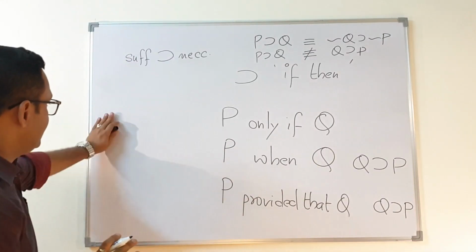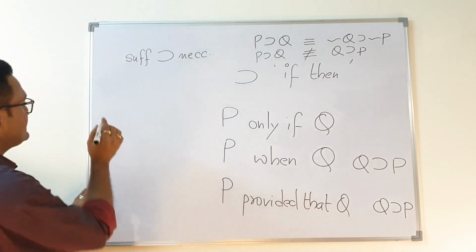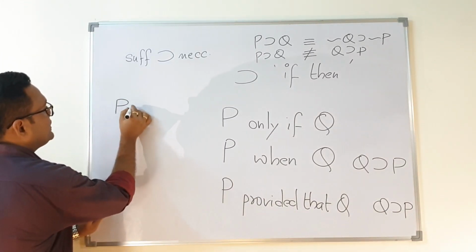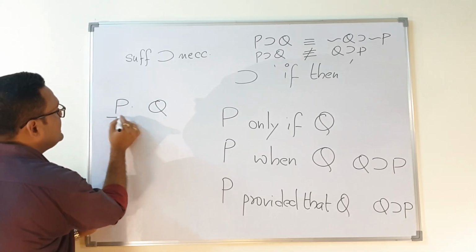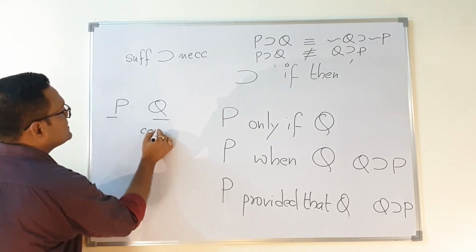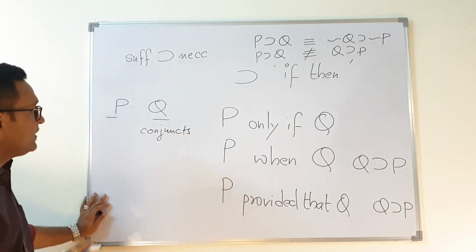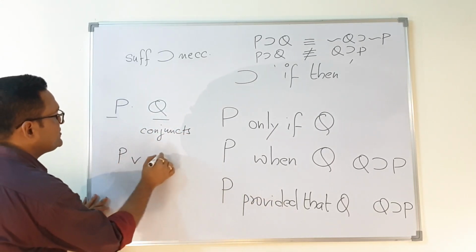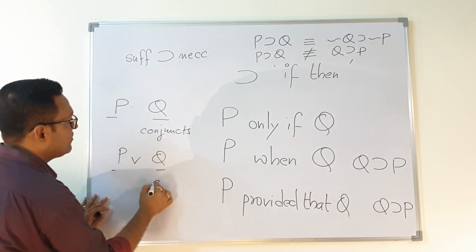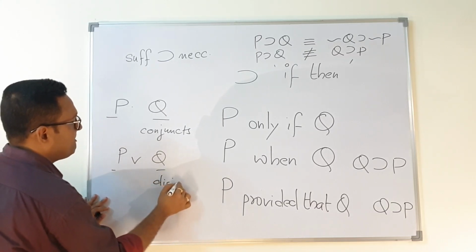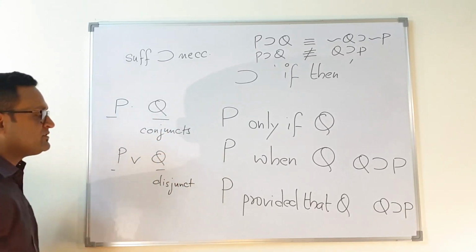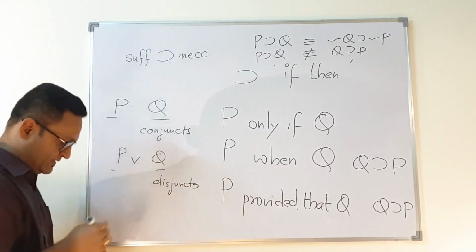If you remember, let me tell you, when we say P dot Q, we call these two conjuncts. When we say P wedge Q, these two are called disjuncts, because one is a conjunction, the other one is a disjunction, right?